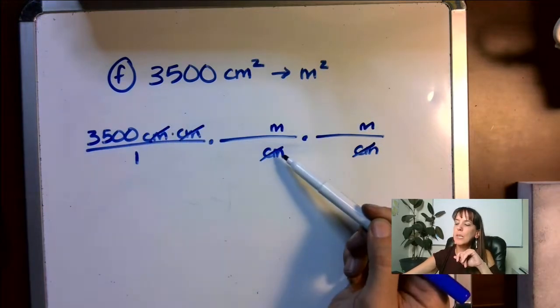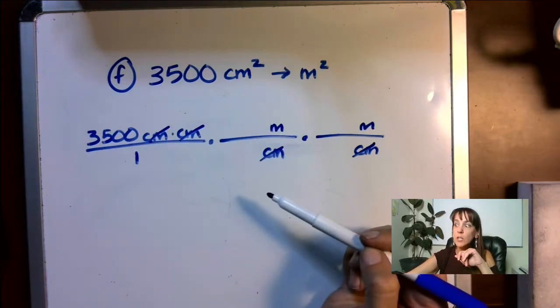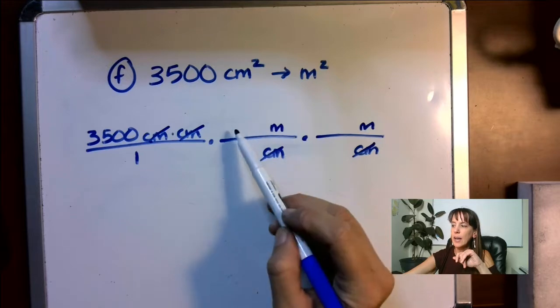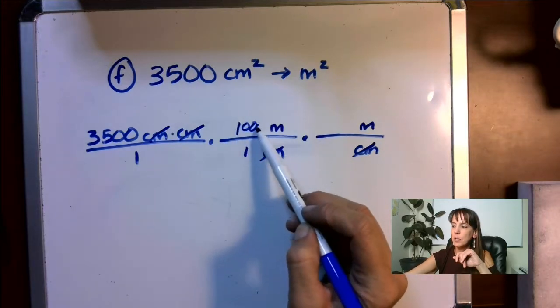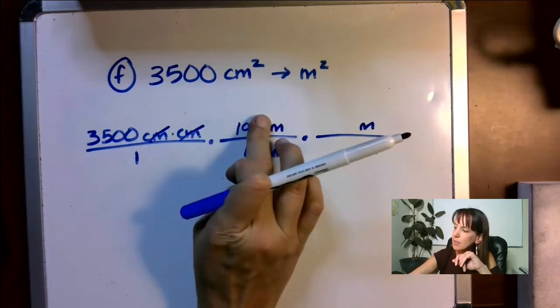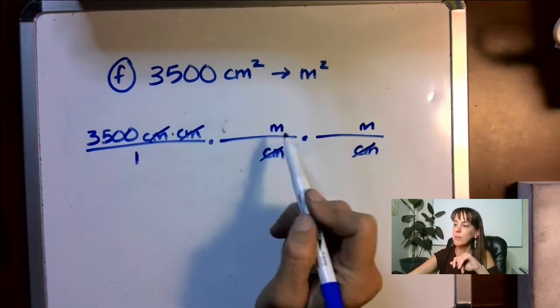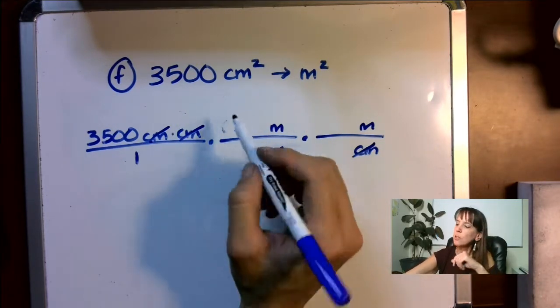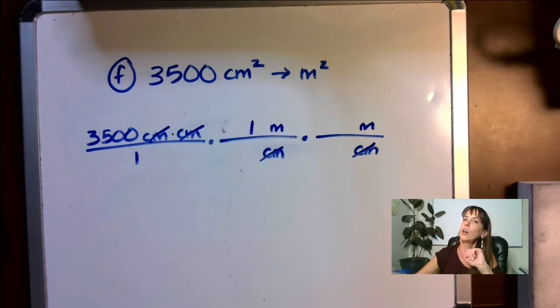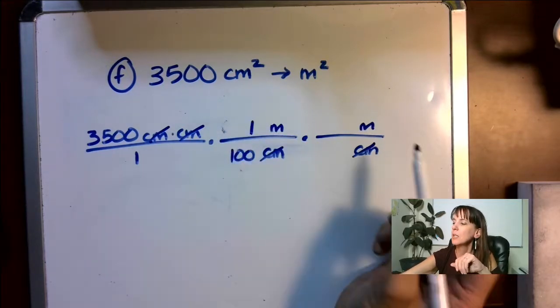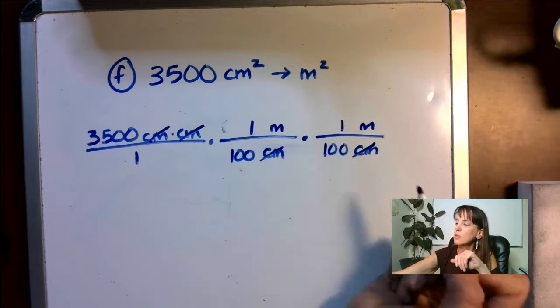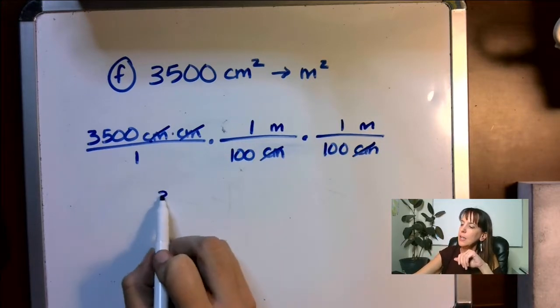Now where does the 1 go? Well, if I put 1 here and 1,000 here, that wouldn't work. Or 100, what am I looking at? That wouldn't work, it would be 100 meters, 1 centimeter, and centimeters are tiny. So you've got to be real careful about that. In 1 meter though, there are 100 centimeters. In 1 meter, 100 centimeters. So again, you're going to write this like this.